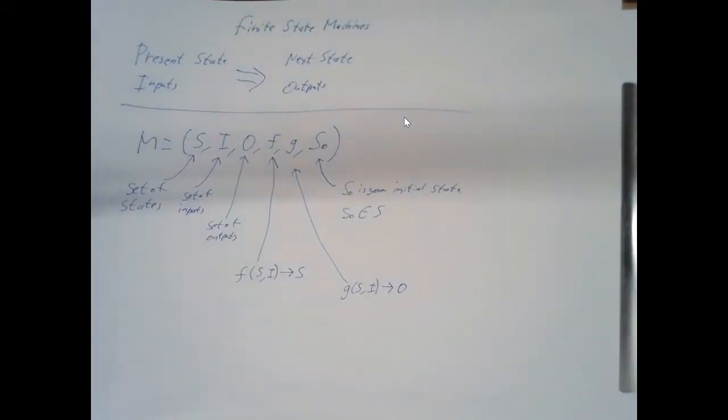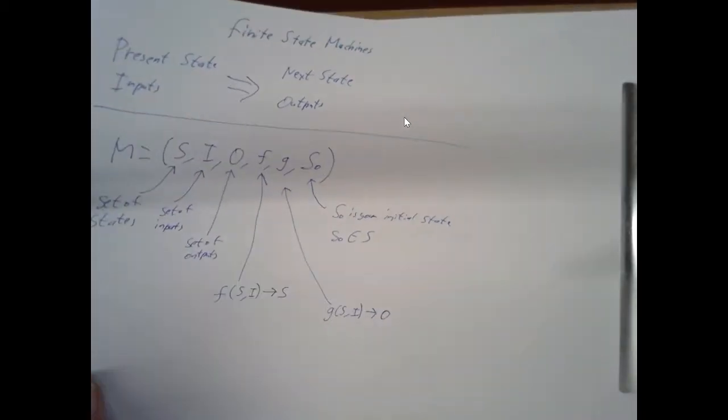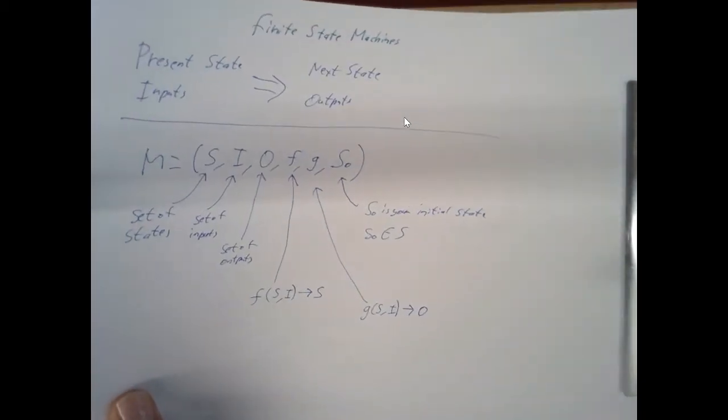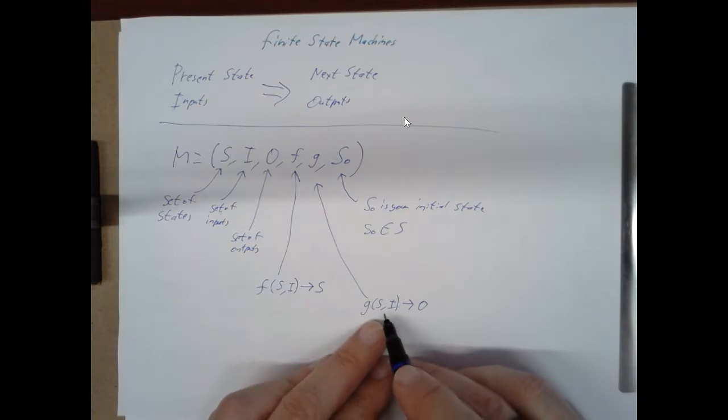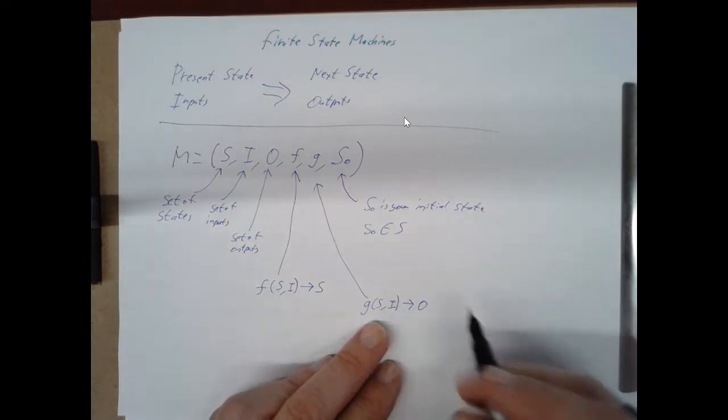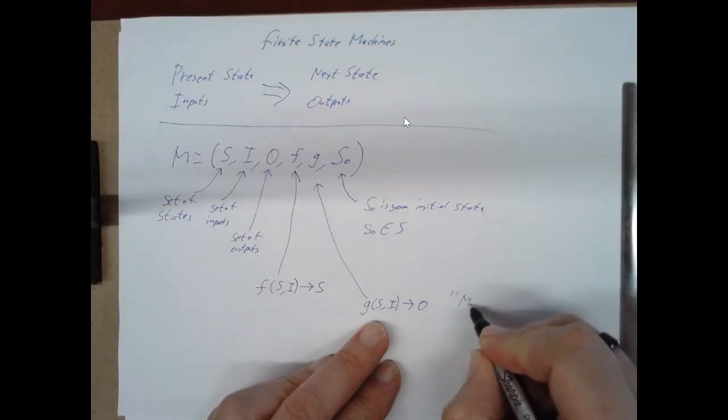Let me mention one other thing, though. Not that we're going to dwell on this in this course, but if you missed this in 250, let's pick it up here. If your output depends on your current state and your inputs, that's what we call a Mealy machine.